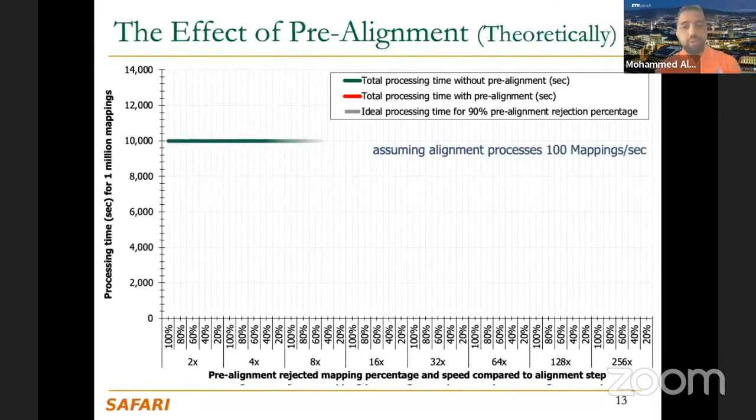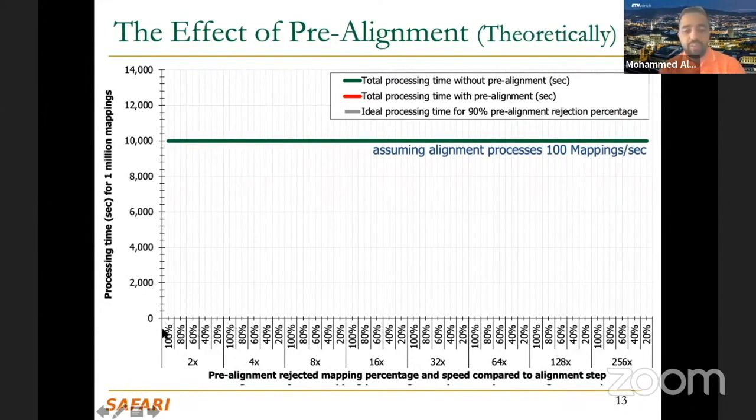Now, remember, going back to the question I asked earlier, why can't we remove all incorrect mappings or all dissimilar sequences? This is a plot with too much information, so I really need your focus. In the x-axis, we have information on the filtering.